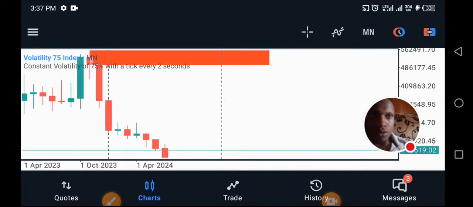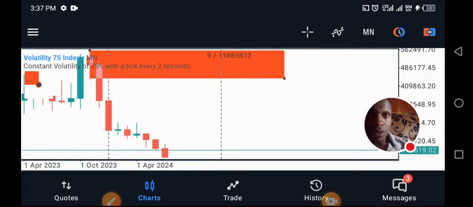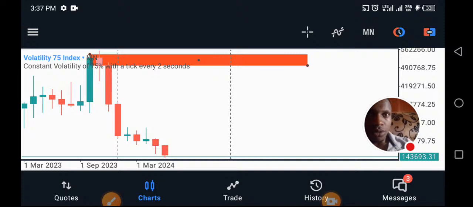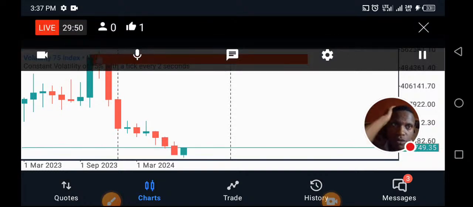We might not make use of the entire candlestick, we might decide to make use of the body. So the body will always help us to know if we can enter for a trade or not.